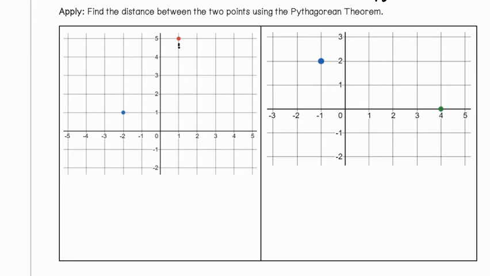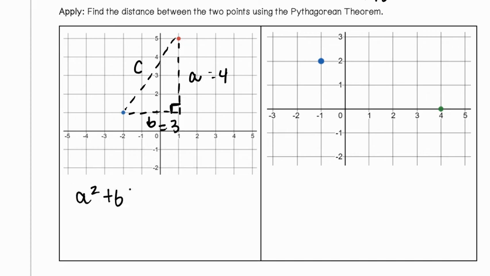So I'm going to drop a leg from this red point and then also create a leg from the blue point. They're meeting at this right angle right here. This is creating that triangle that I'm looking for to use the Pythagorean theorem. This would be our C value. I'm going to call this A and this B. Counting the boxes, A will equal 4, B will equal 3, and I don't know what C is yet.